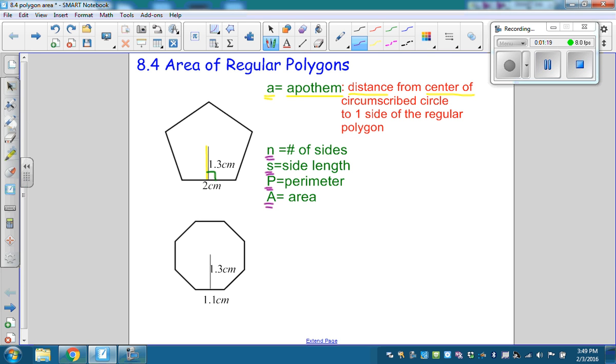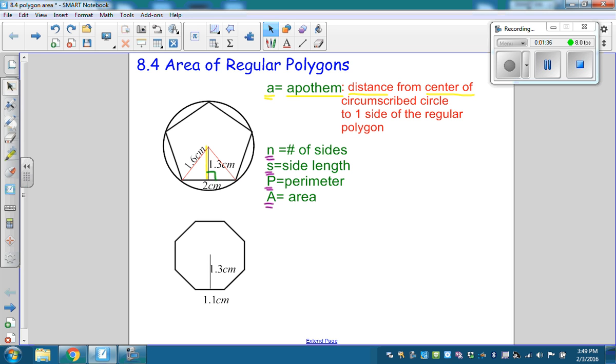Okay, so the concept of finding the area of a regular polygon is actually really logical. You're going to just think of the polygon broken up into triangles. And if you look a little bit more at that apothem, you can see that the apothem goes from the center to the side, but then that red radius of the circle also goes from the center to the vertex.